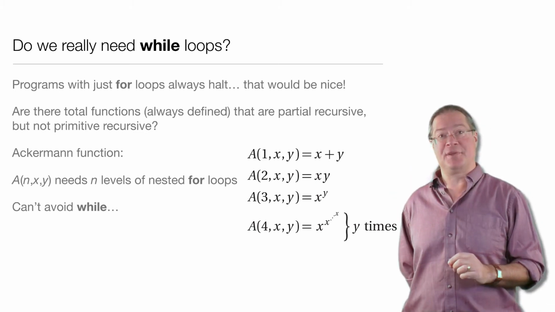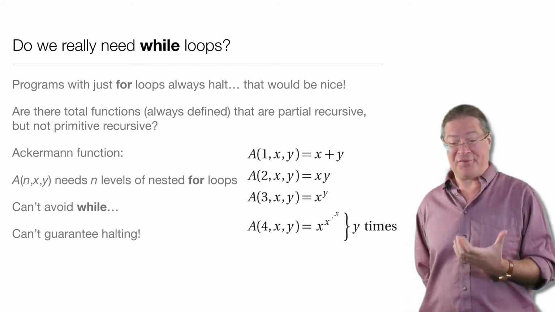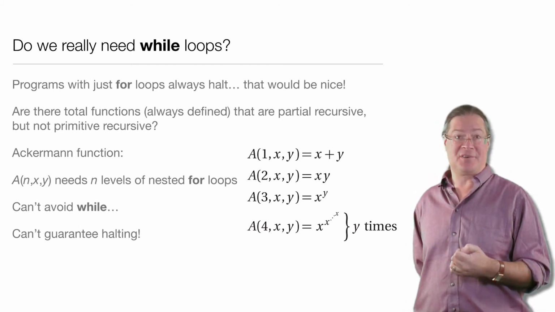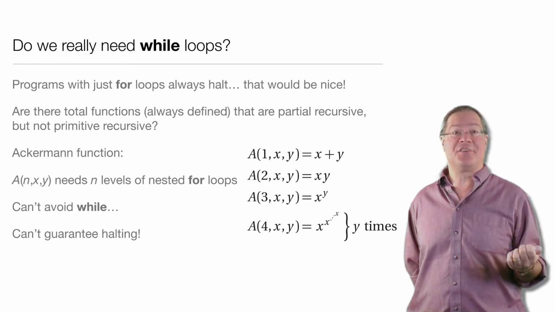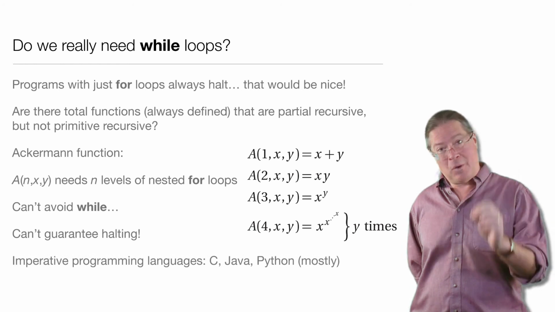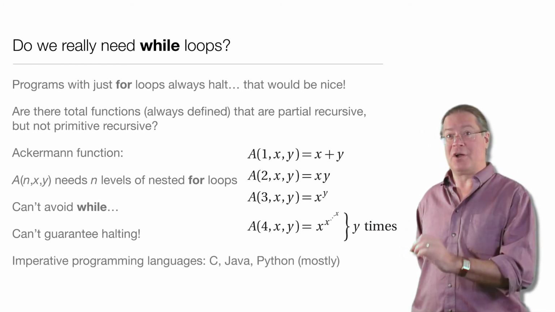But in this case, we really can. This also tells us that while loops are really unavoidable if you want to compute all the things that we are familiar with and normally would consider computable. But if while loops are unavoidable, this also means that sometimes our programs are not going to halt.